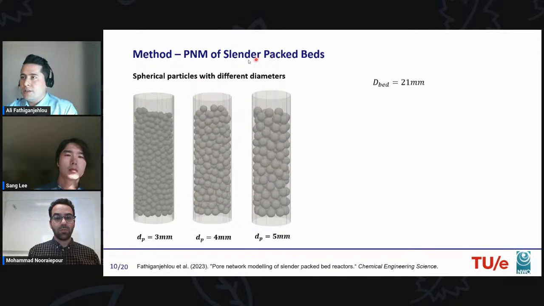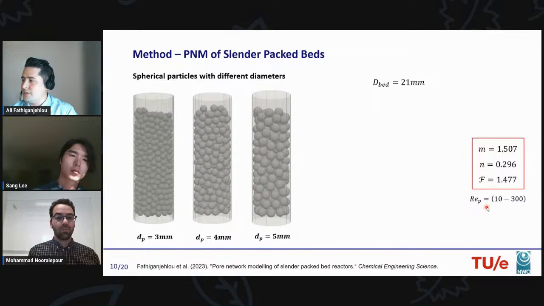In a recent study, we performed PNM of standard packed beds filled with spherical particles with different diameters. We calibrated the PNMs by fitting the overall pressure drop from the pore network model to the ones obtained from a PR-CFD approach for a range of Reynolds values, and we obtained these values for M, N, and F for these pore network models.